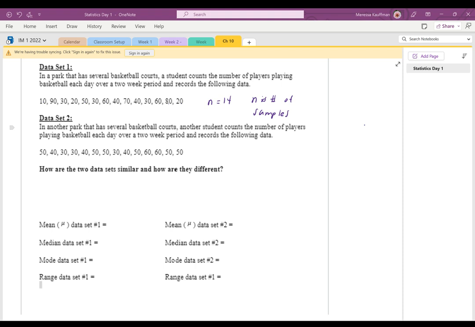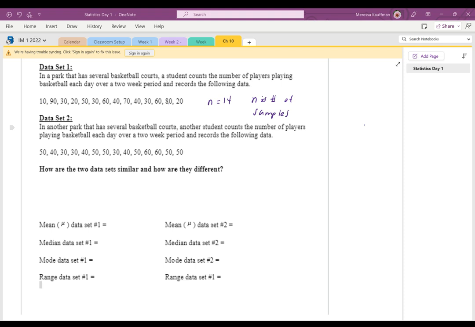So I have 10 plus 90 plus 30 plus 20 plus 50 plus 30 plus 60 plus 40 plus 70 plus 40 plus 30 plus 60. I know you can get lost in these numbers. Plus 80 plus 20. That should be 14 numbers, which equals 620. So that's when I add them all together.